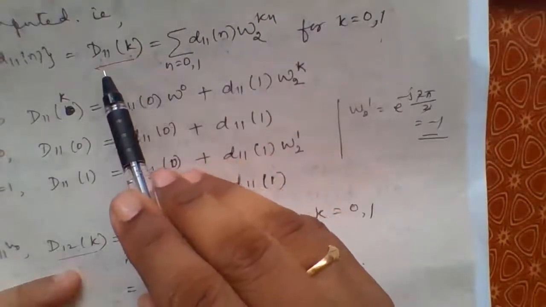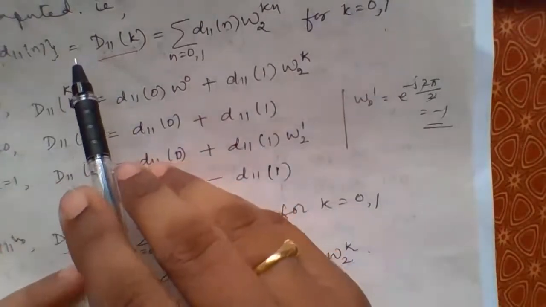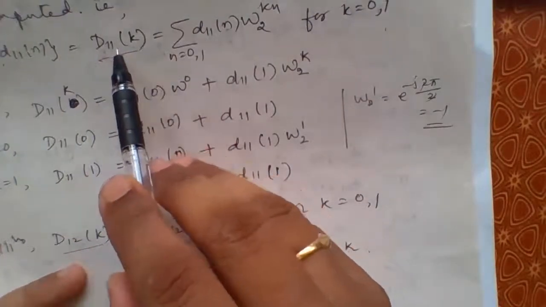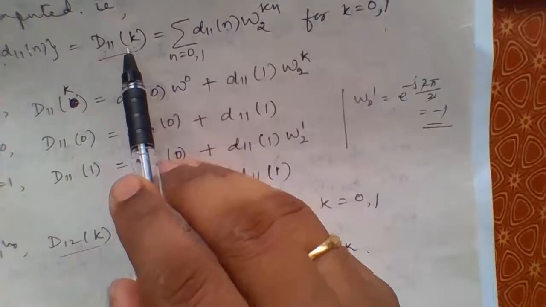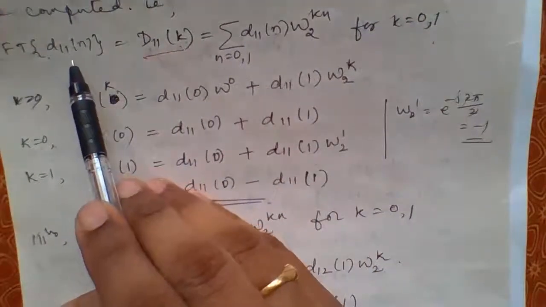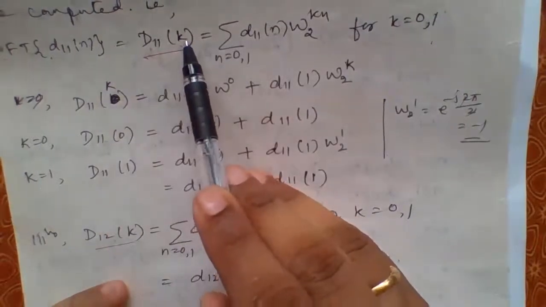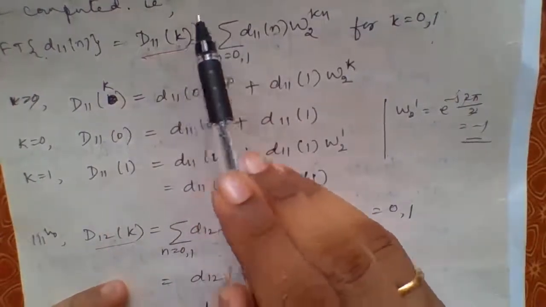We have already defined D11 of K. What is actually this D11 of K? It is the DFT of D11 of N. Further, it has two samples, that is for K equal to 0 and K equal to 1.